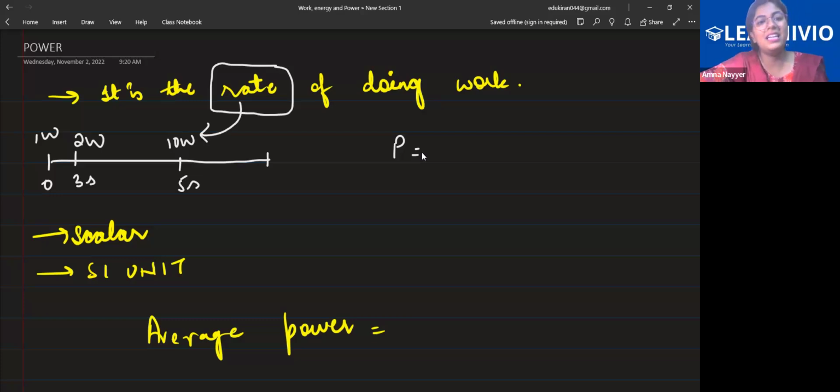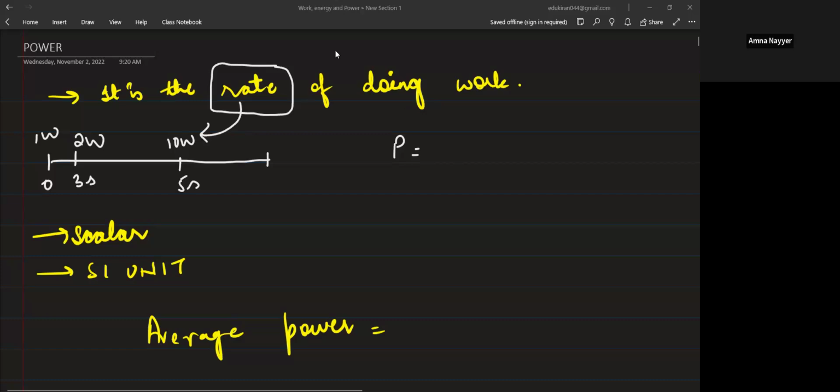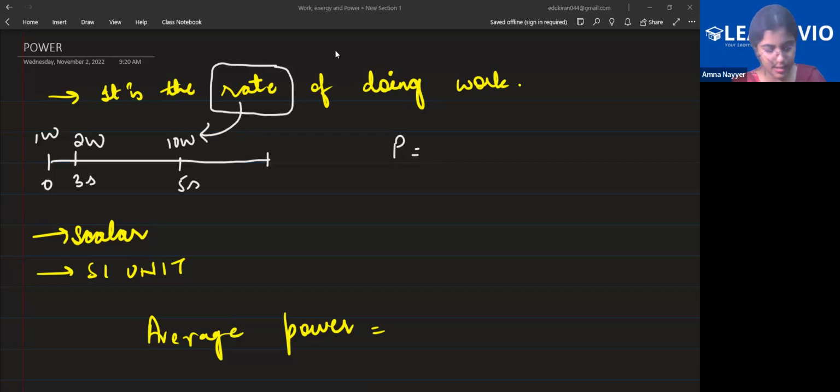So power is the rate of doing work. So work done per unit time.